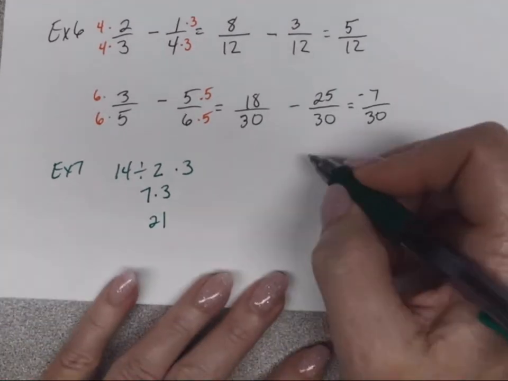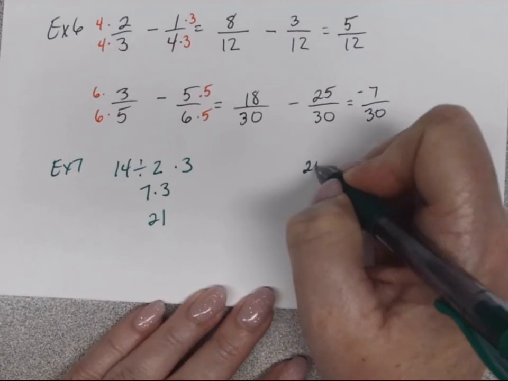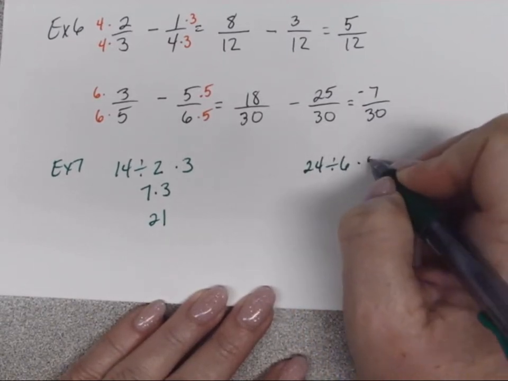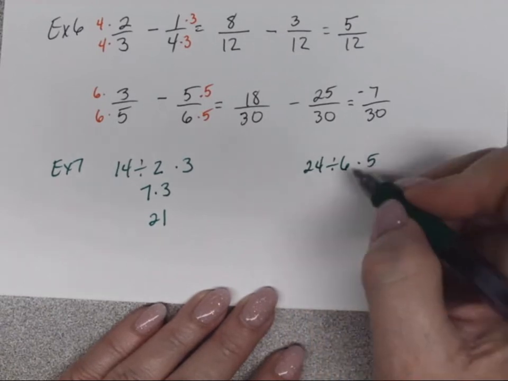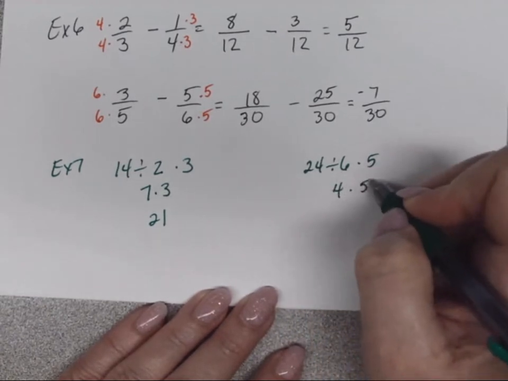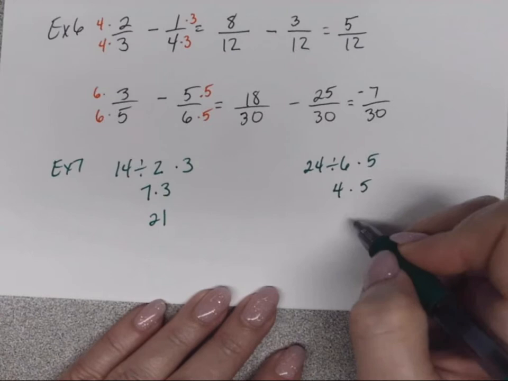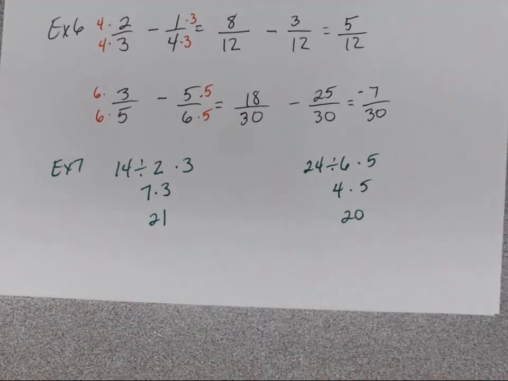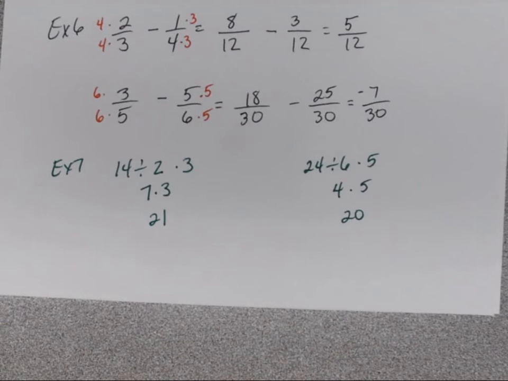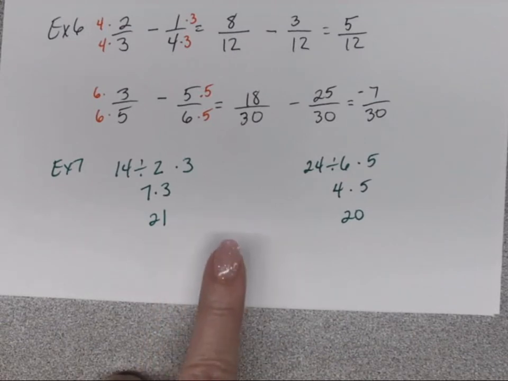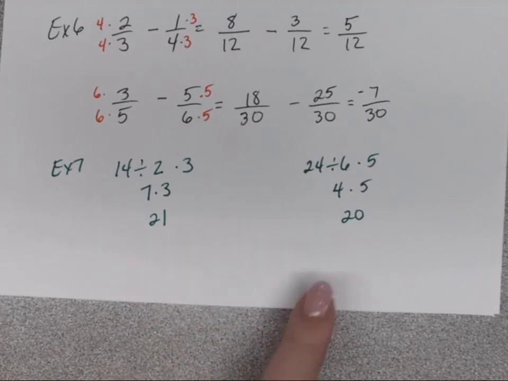So let's look at another one like this. So if we have 24 divided by 6 times 5, 24 divided by 6 will be 4 times 5 will get us 20. Now, what if you don't know your multiplications very well? You need to try and learn those multiplication tables the best that you can.